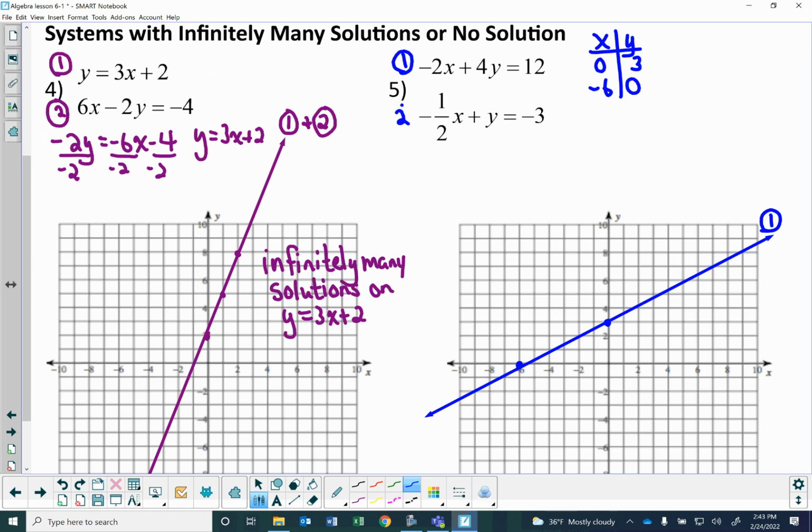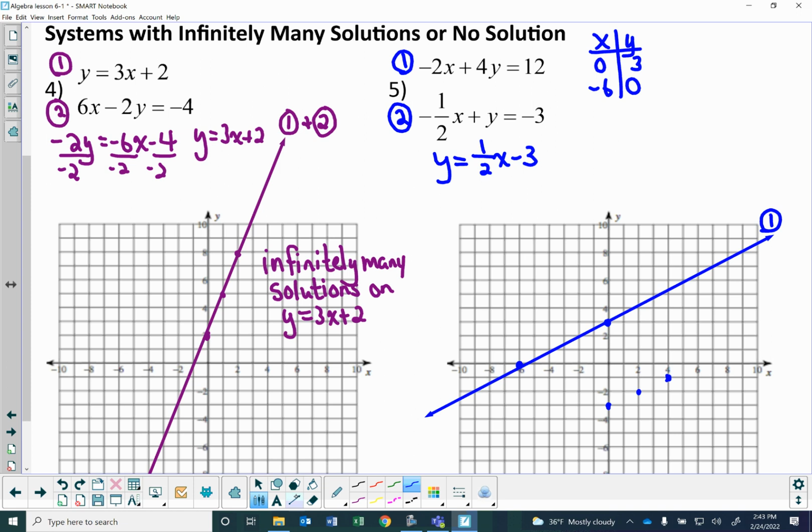Equation number 2 here is almost written in y equals form, not quite. I need to move the negative 1/2 x to the other side by adding it. So I will get y equals 1/2 x minus 3. My y-intercept here is negative 3, so I go to 0, negative 3, which is this point right here. My slope is up 1, right 2, up 1, right 2.